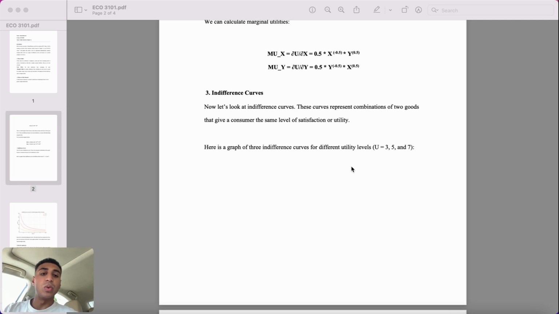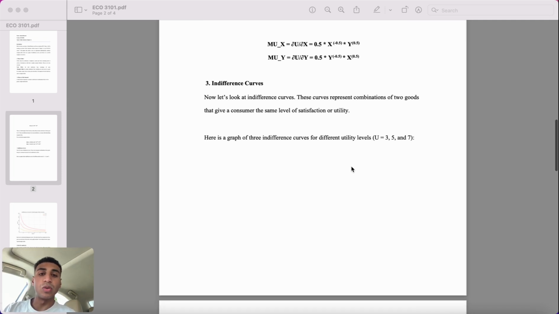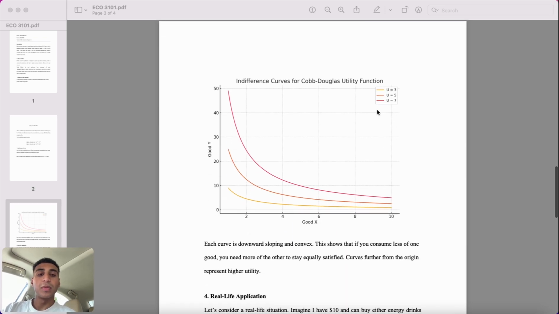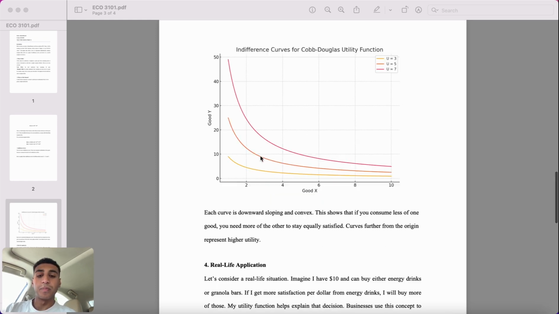We will take u equal to 3, u equal to 5, and u equal to 7. As you can see, here is the graph. U equal to 3 is represented by the yellow line. U equal to 5 is represented by the orange line. Then last but not least, u equal to 7 is represented by the red line.